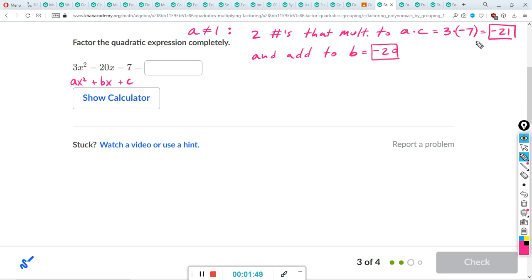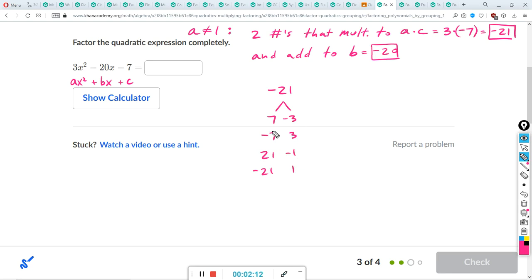So let's write out the factors for negative 21. You have 7 times negative 3, negative 7 times positive 3, 21 times negative 1, negative 21 times positive 1.